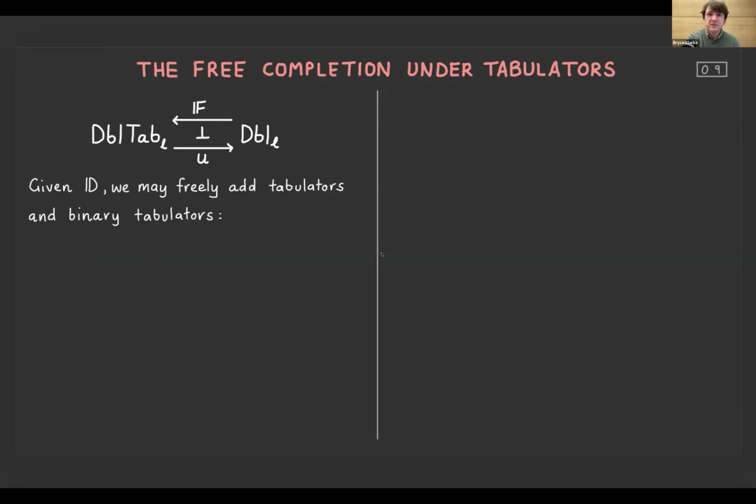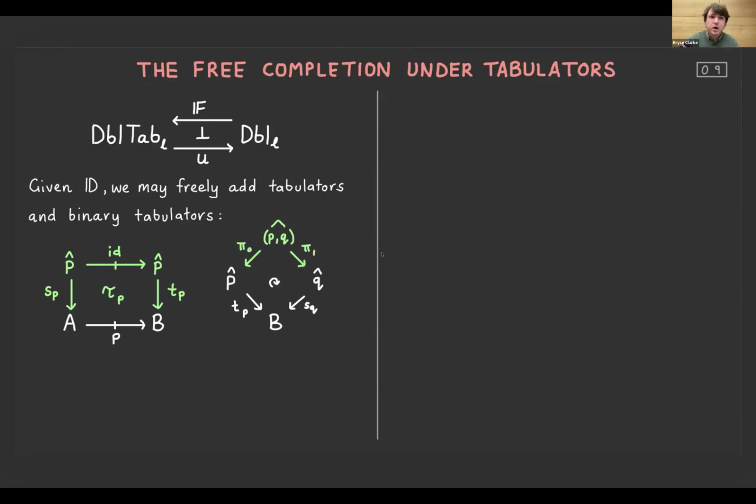Because if you've followed what I've said so far, you could almost really just guess what freely completing under this stuff should be, right? So, for every loose morphism in our double category, we add an object, which is simulating the tabulator, together with a pair of type morphisms, which are simulating the left and right projections, together with a cell, which is simulating the projection cell of our tabulator. Okay, so we need to add this stuff.